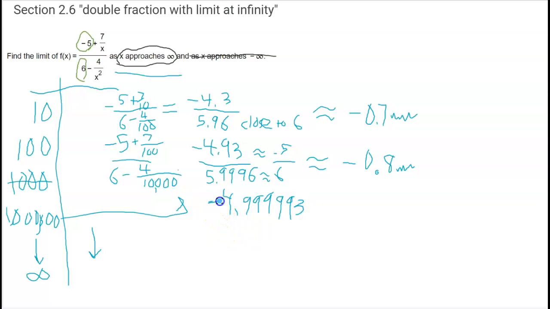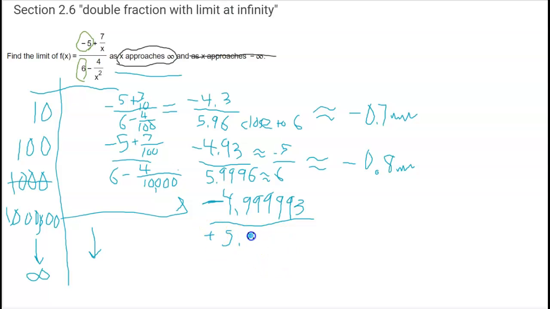Look how tiny, look how very, very close to -5 we are. And this one, it's 1,000,000 squared. That's one with 12 zeros after it. That's billions.